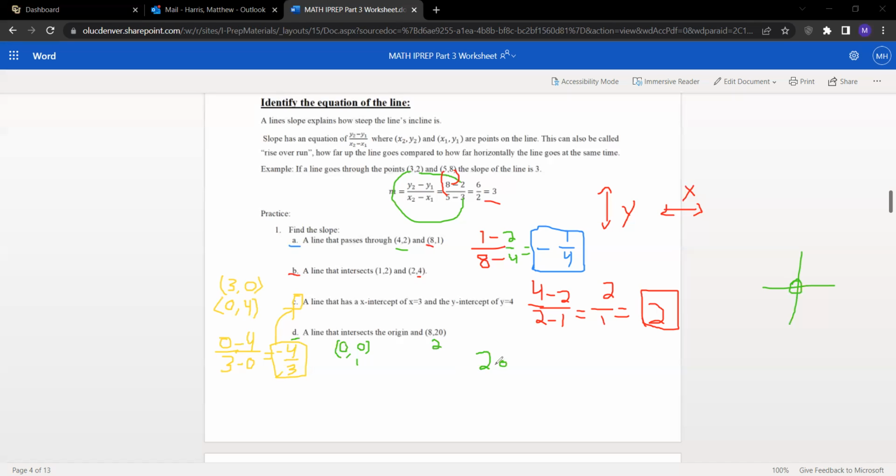So 20 minus 0 over 8 minus 0 equals 20 over 8, equals 5 over 2. And that is our slope. So that's a slope for all 4 of our problems here. Let's go ahead and move on.